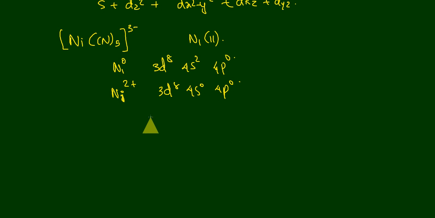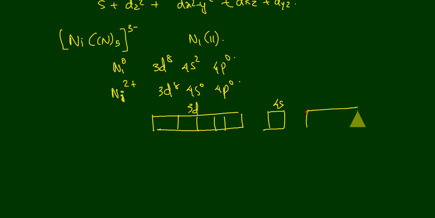Okay, so if I am representing this by the boxes, these are the 3d orbitals, 5 3d orbitals. Then this is the 4s orbital, and here is the 4p orbital. Okay, and you have 8 electrons, right? 8 electrons. So 1, 2, 3, 4, 5, 6, 7 and 8, it should be like this.